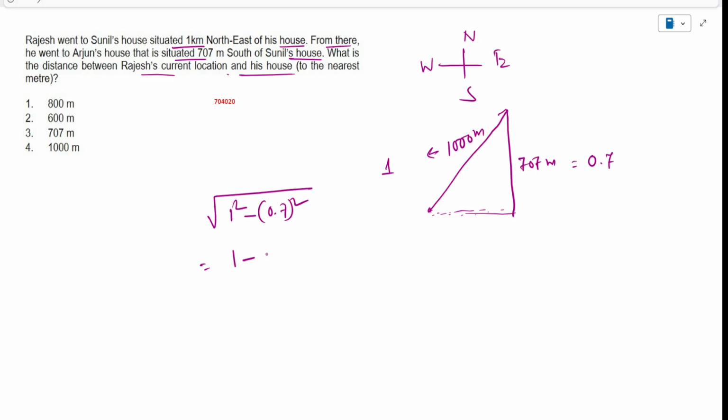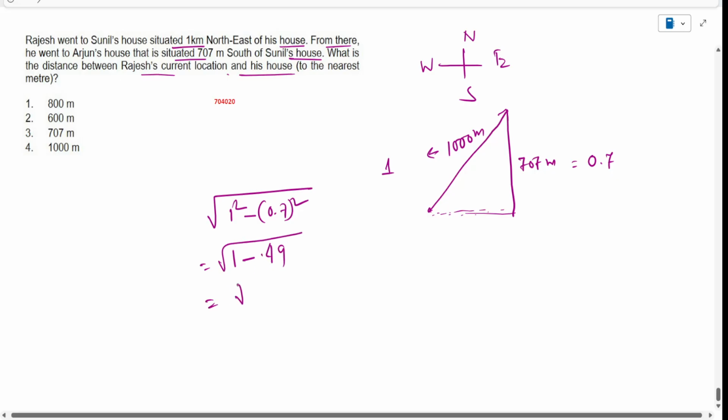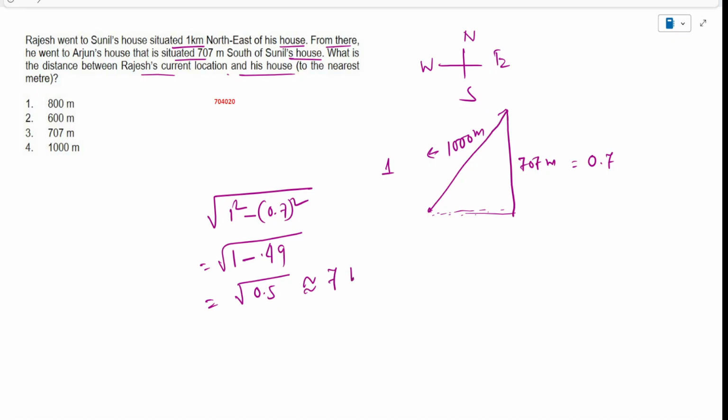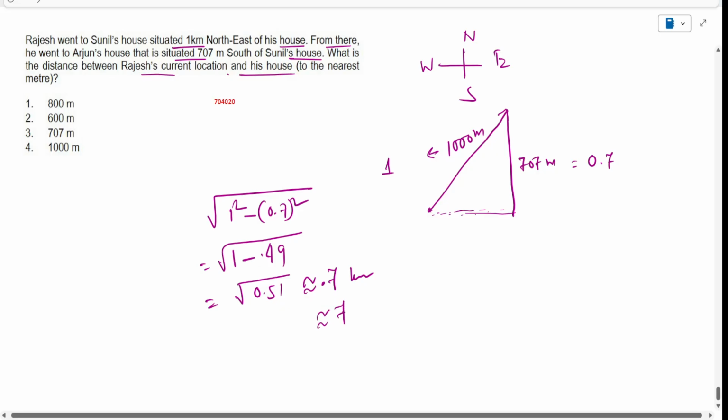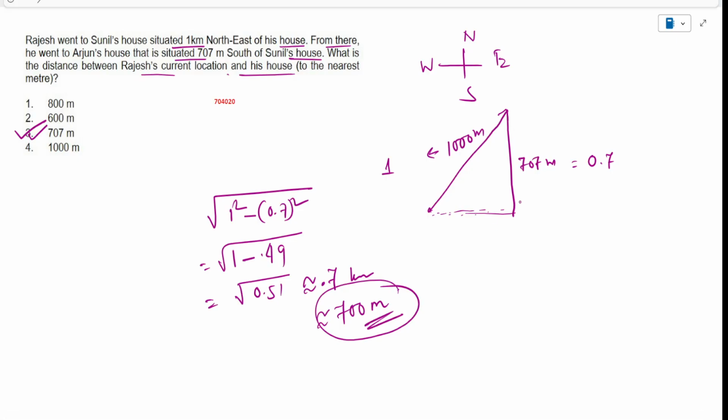This is 1 minus 0.49, which is equal to root under 0.51, which is nearly equal to 0.7 kilometer, which is nearly about 700 meter. And what is the nearest answer? Again 707. So this is the best possible way to solve this question.